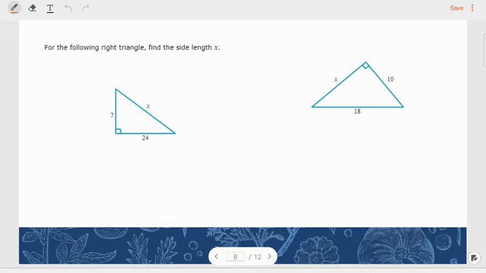Now that was radicals. Let's talk about something else that involves radicals, but is going to involve a slightly different process. Whenever I encounter right triangles, there is a theorem that I can use to find a missing side length.